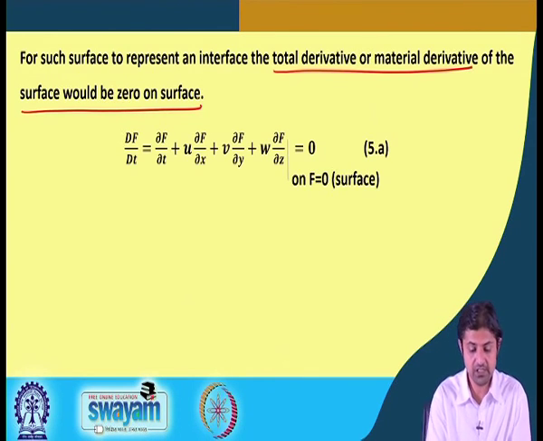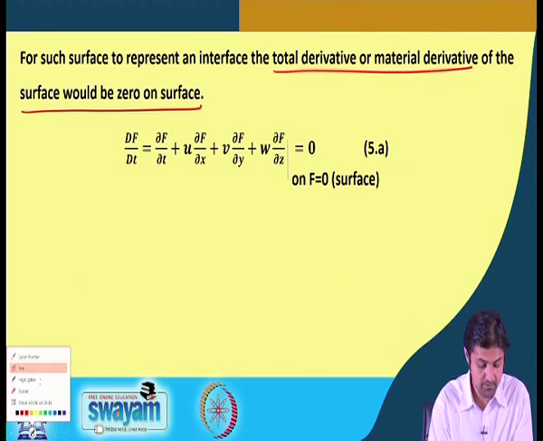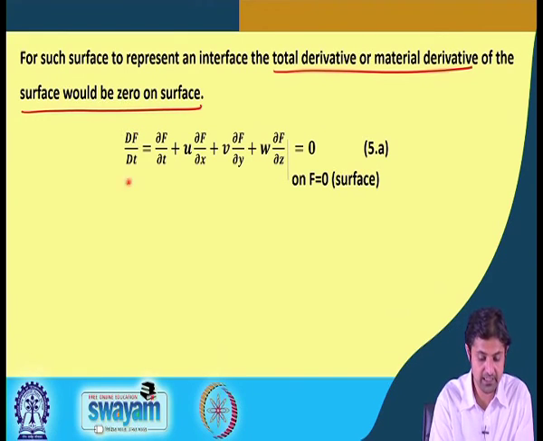So, the material derivative Df/Dt can be written as ∂f/∂t + u ∂f/∂x + v ∂f/∂y + w ∂f/∂z. And what does this say?